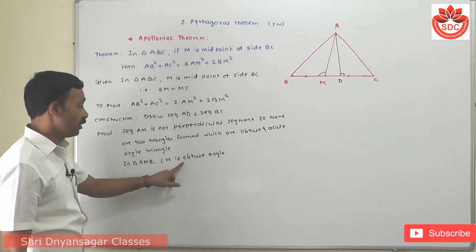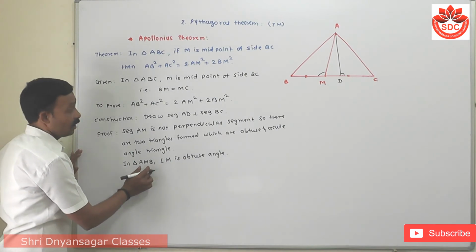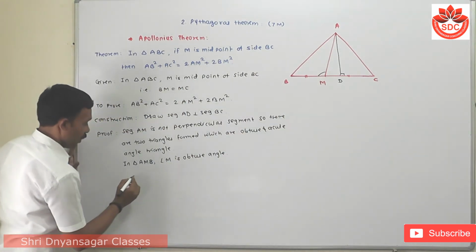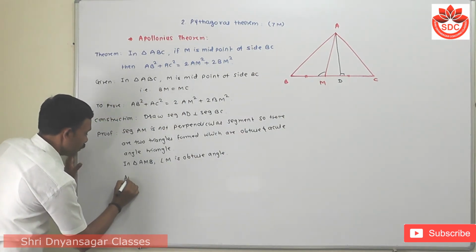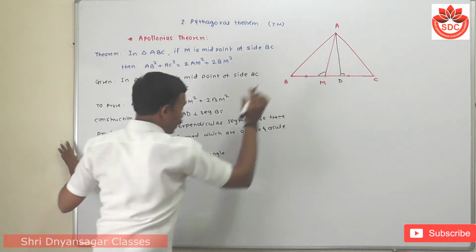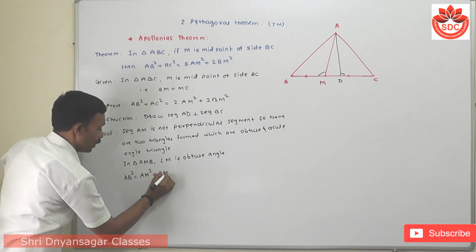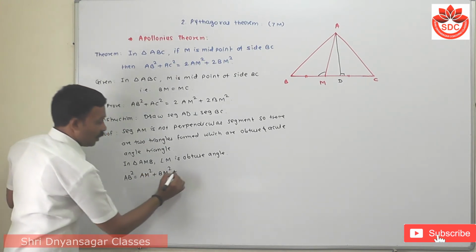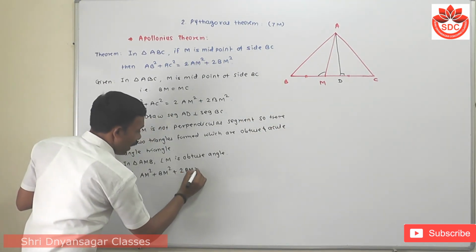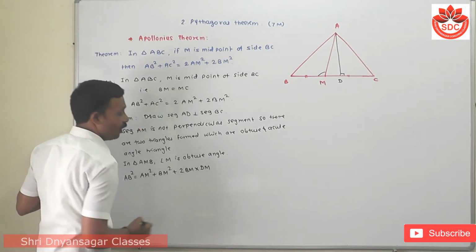So we take this property with that application of the Pythagoras theorem in triangle AMB: the opposite side AB square is equal to the sum of the two remaining sides, AM square plus BM square, plus twice BM and the length of the perpendicular segment DM.